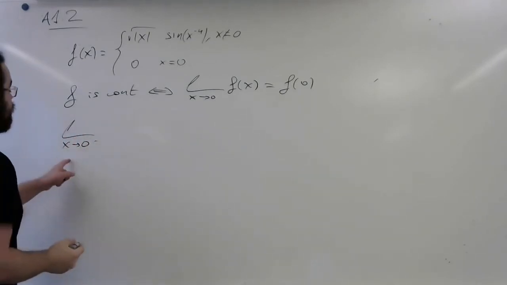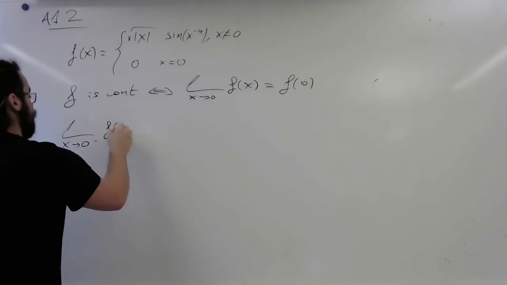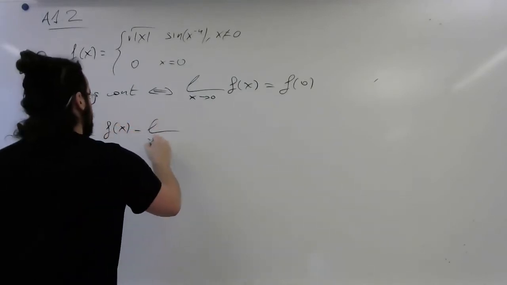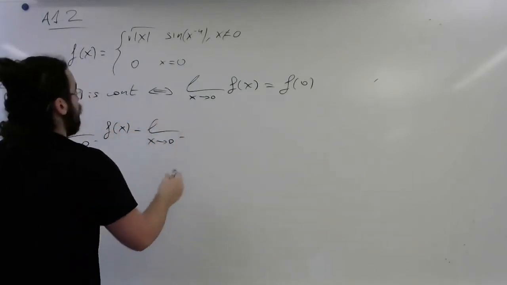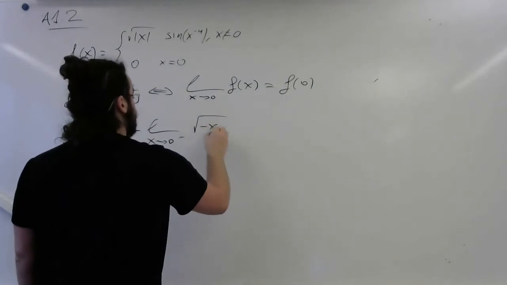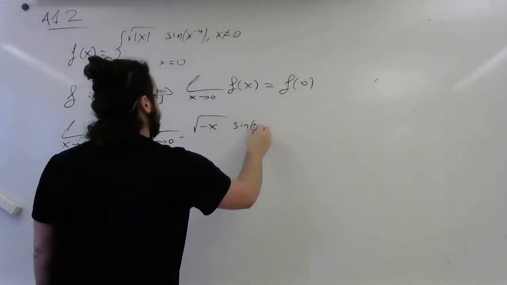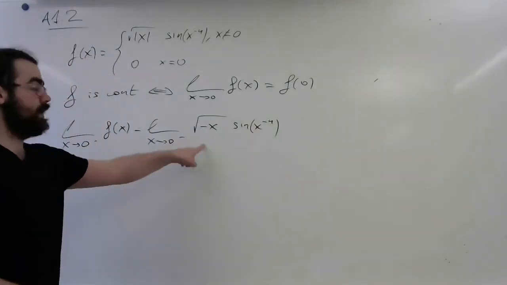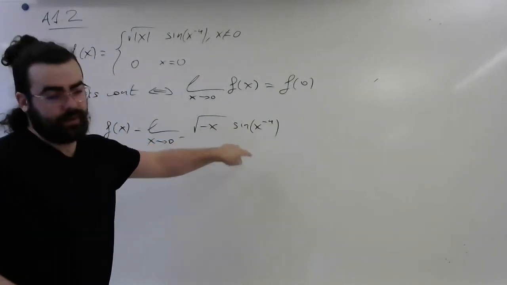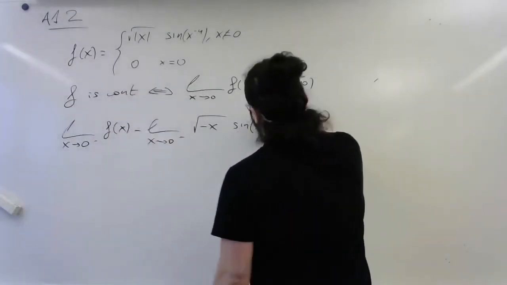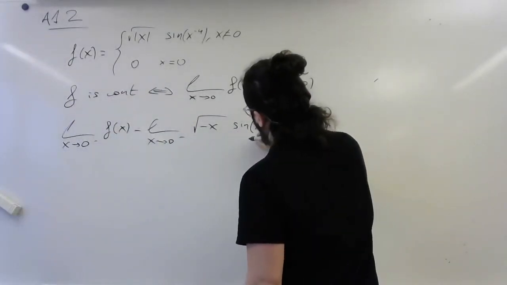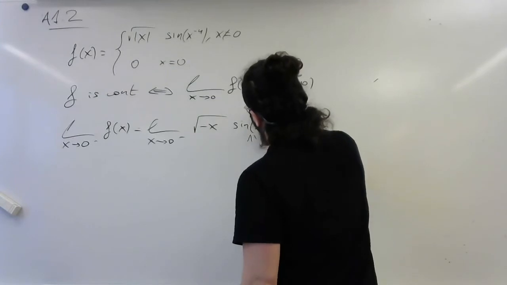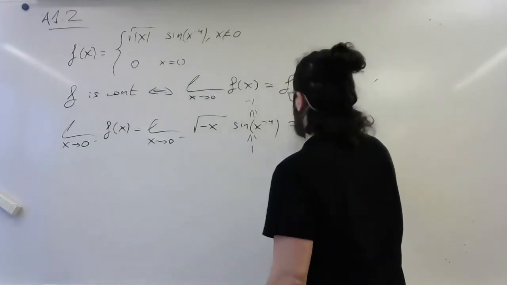Limit when x tends to 0 on the left of f of x is the limit when x tends to 0 on the left, square root of minus x sine of x to the power of minus 4. Now, this tends to 0 and this is bounded between minus 1 and 1. So this limit is 0.